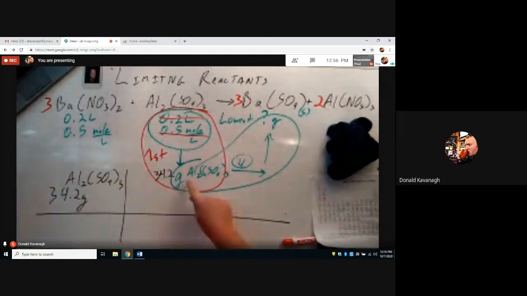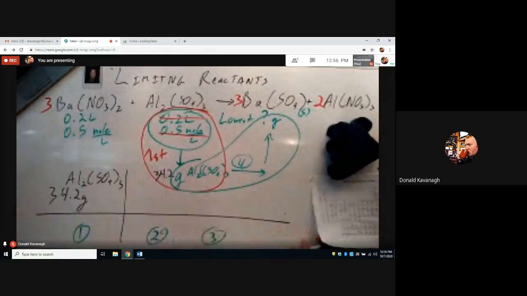Now this step, circled in green, I said is going to be done in 4 steps. This is our first step. 2, 3, 4. In every step, we want to cancel out a unit here.